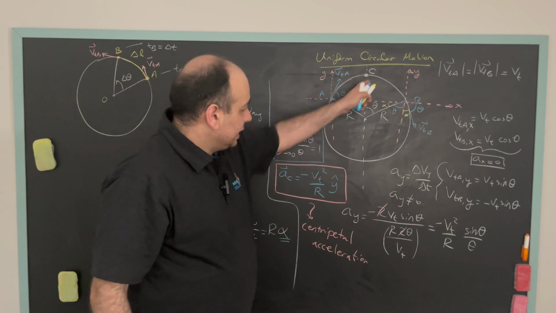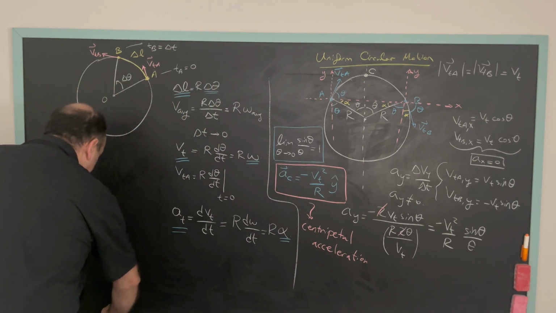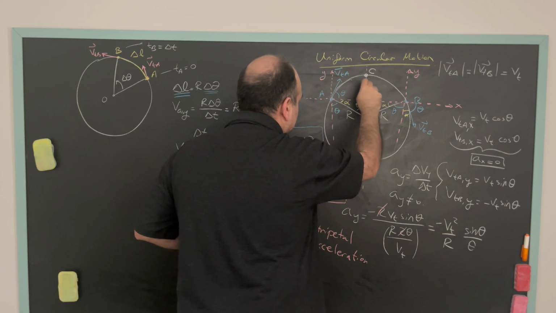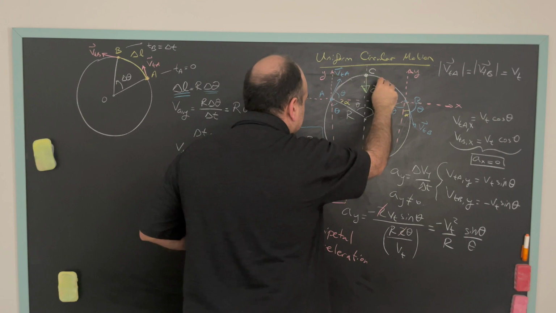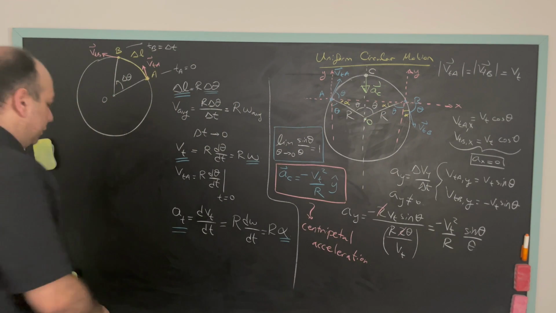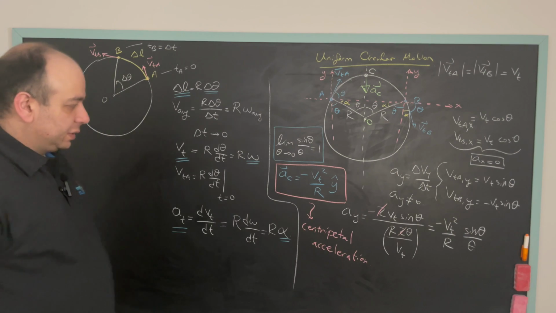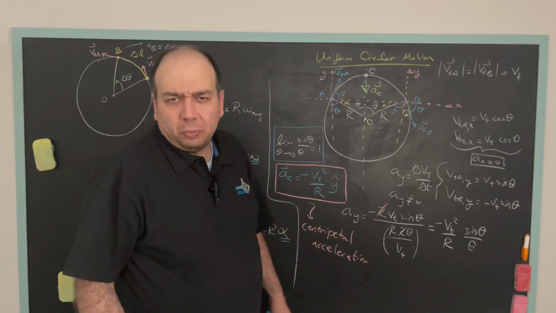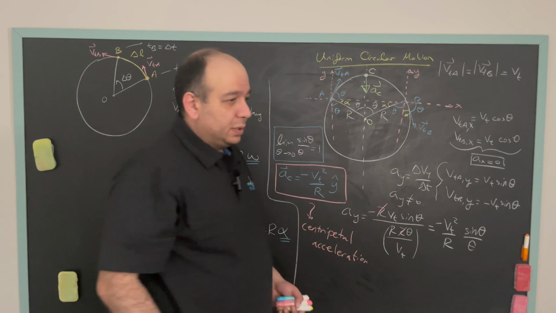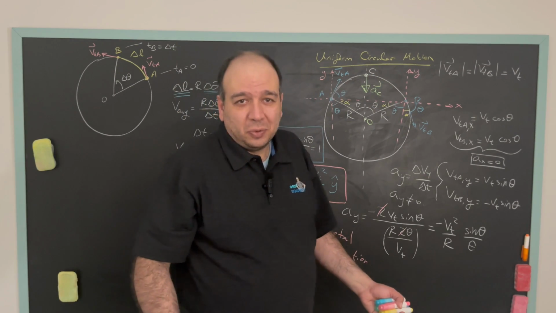At point C, we have an acceleration vector which is pointing towards the center of the circle. The center is here. And this acceleration is called the centripetal acceleration. Point C is not special. Any point on the circle is equally important, right?